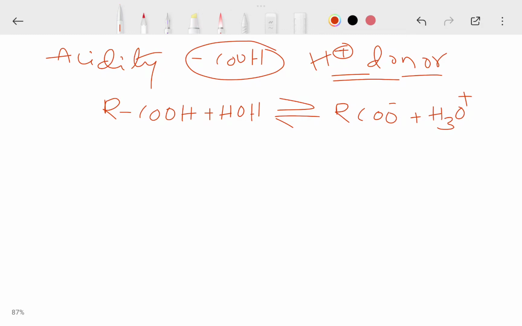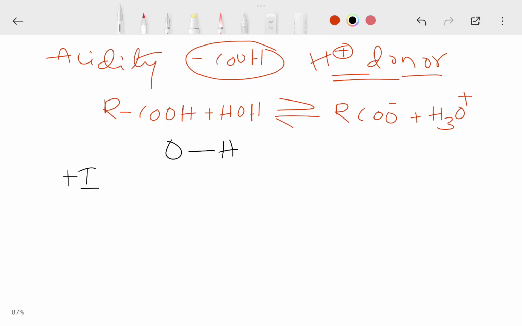The strength of carboxylic acids depends on the ease of dissociation of the O-H bond. The higher the dissociation of the O-H bond, the greater will be the acidity. The inductive effect influences the strength of carboxylic acids. For example, plus I groups are electron releasing groups.